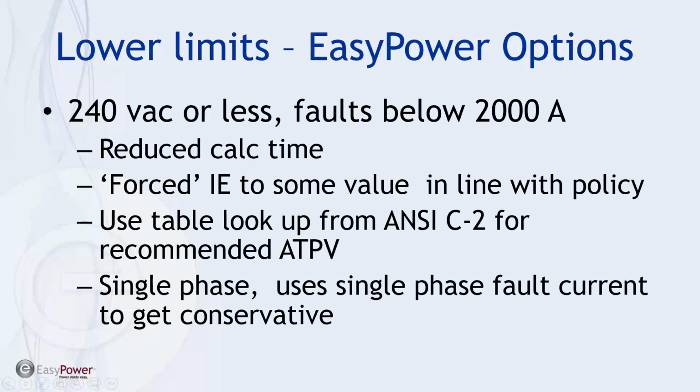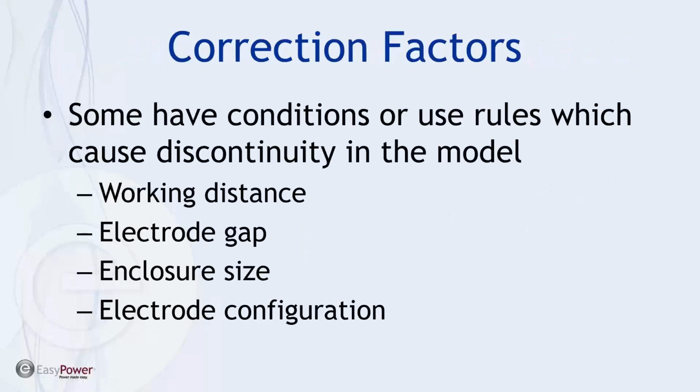Now, the thing that throws a wrinkle in the whole discussion are these correction factors that have been used at various voltages within the range. And in some cases, there are rules which provide discontinuity in the model itself. Some of these factors include working distance, electrode gap, enclosure size, and electrode configuration.